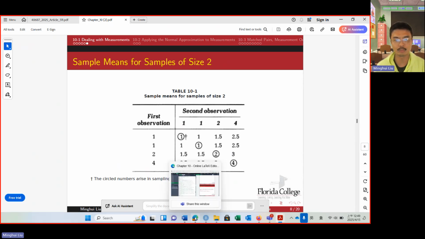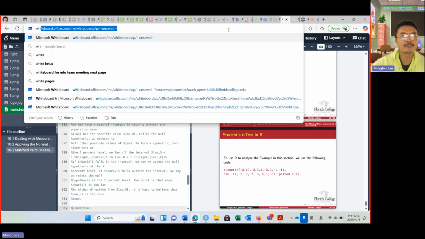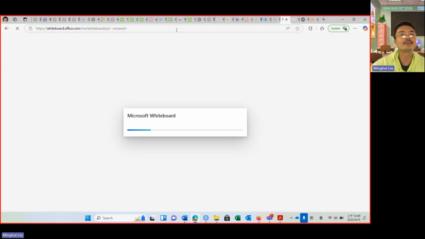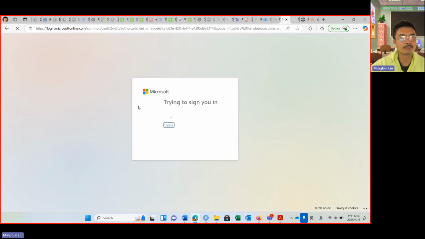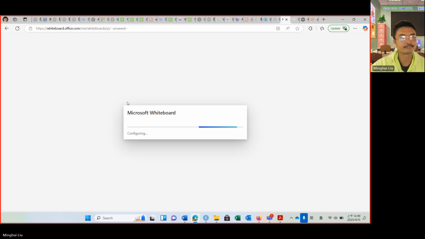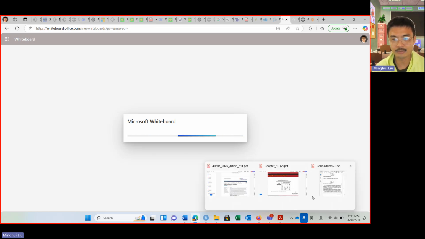268. I'm going to open a whiteboard to do this. Let me just open the whiteboard, and let's do this calculation right here on this whiteboard. Now we have a total of 16 items.